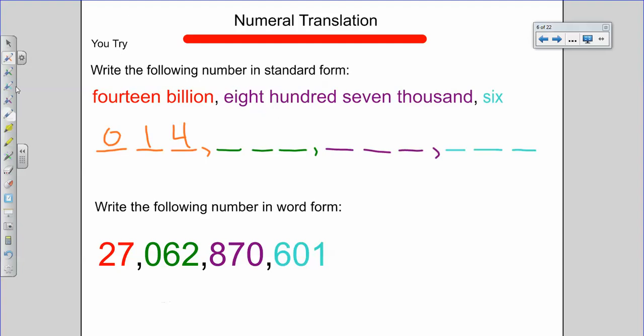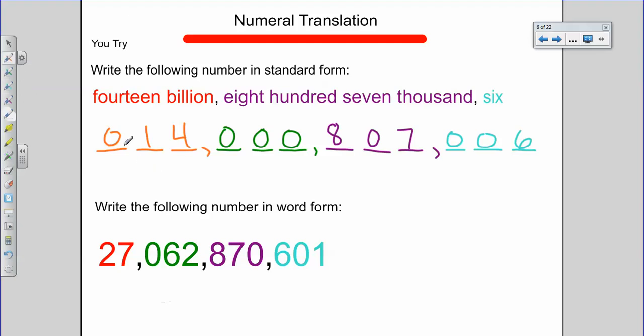Do I have any millions? I don't, but I still have to write in my zeros. So I have no millions. I have 807,000. So that's 807. And then I only have 6. Okay. Now, why is it, Mrs. Hook, why is it so important that we have to put those zeros in?